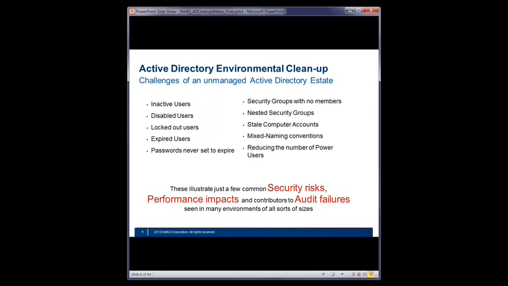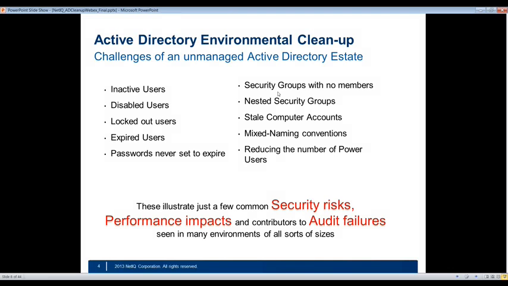And thirdly, what is a common bad practice that we see there? Well, sometimes that bad practice is due to laziness. For example, passwords set never to expire.